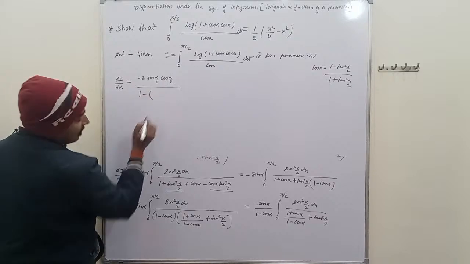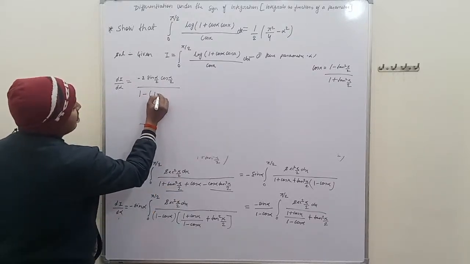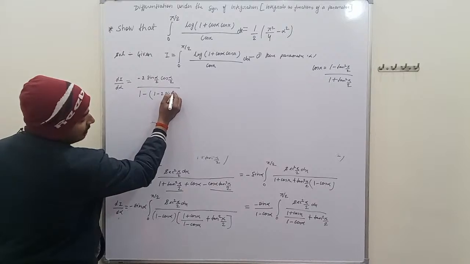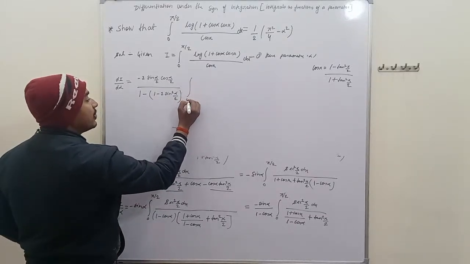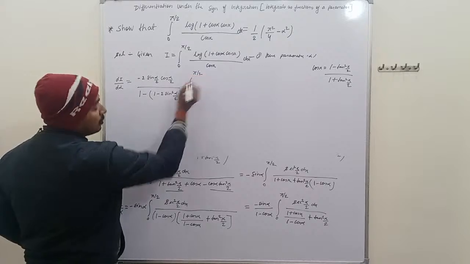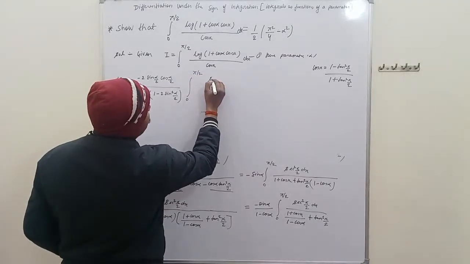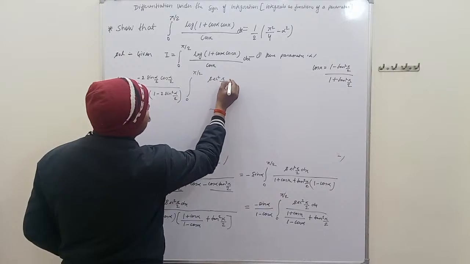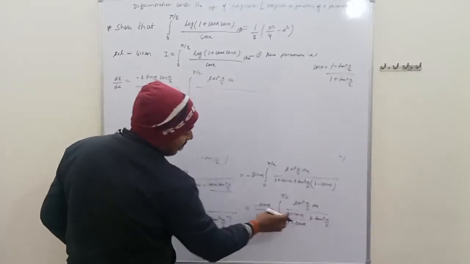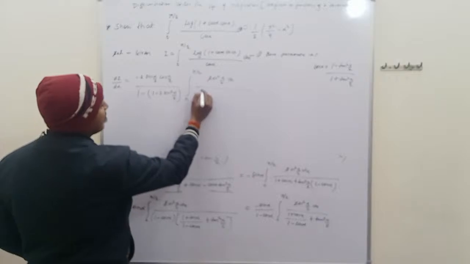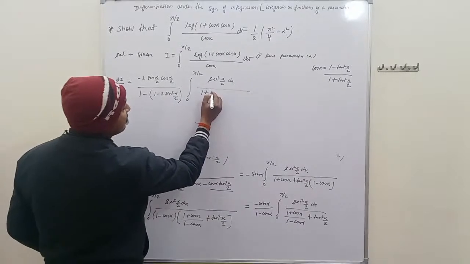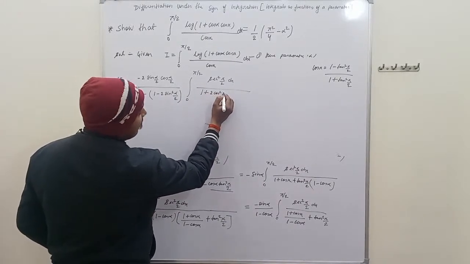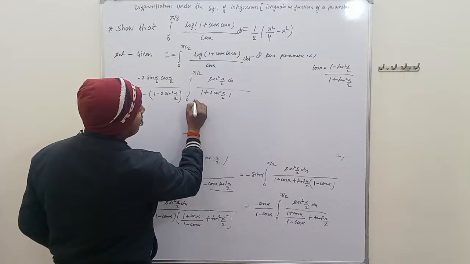Cos alpha is written as 1 minus 2 sin square alpha by 2, and the integral limit is 0 to pi by 2, and sec square x by 2 into dx upon 1 plus cos x. In place of cos x we use the formula 2 cos square x by 2 minus 1.